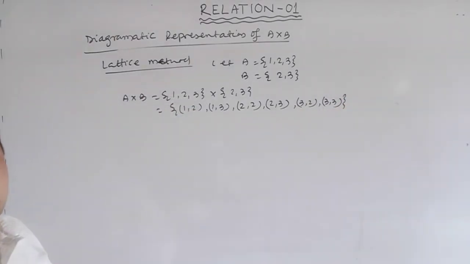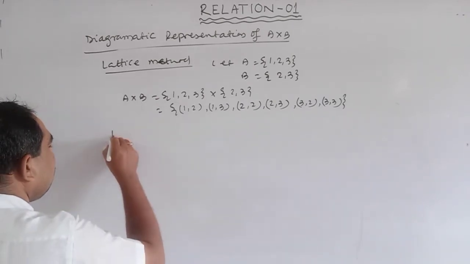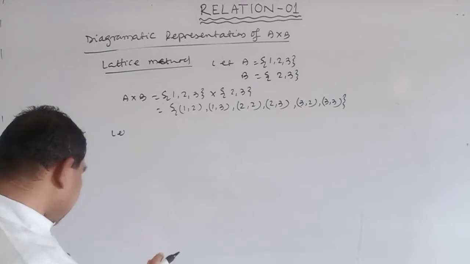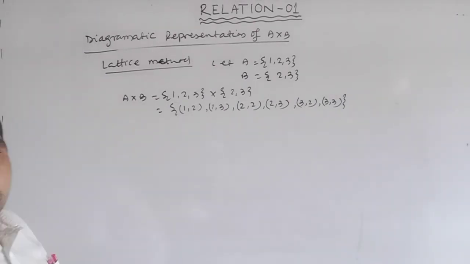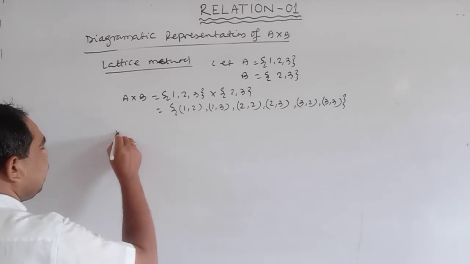Okay, A into B. Let us draw X dash O X and Y dash O Y, two perpendicular lines.